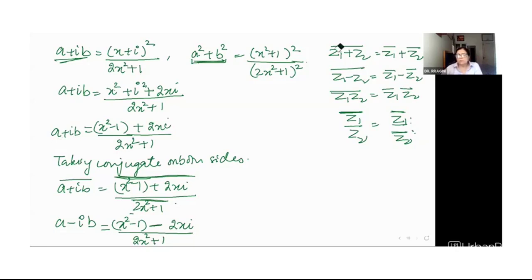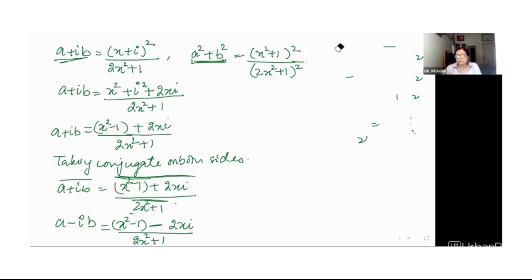Now I need to erase this. Now simplify this. Treat this as equation 1 and this as equation 2. Now multiply equation 1 by equation 2. That means multiply LHS by LHS and RHS by RHS. Here in equation 1 we have a plus ib.